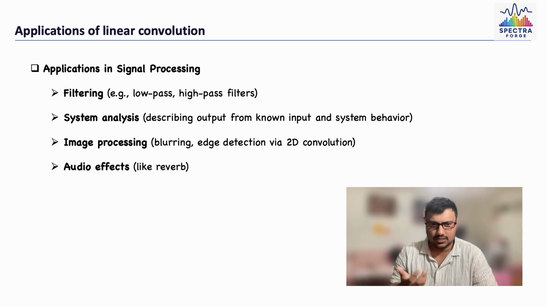If you want to increase the bass or reduce the trebles, different sorts of effects can be made possible by invoking equalization. It's a basic fundamental mathematical operation that is invoked to do all this signal processing.